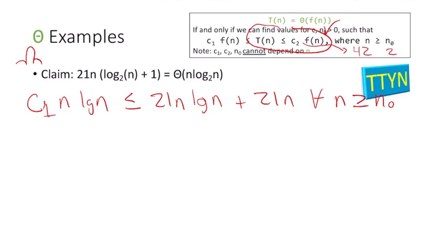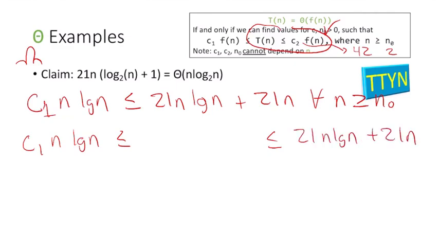So here, it turns out that using an intermediate step makes this sort of dead simple. So if we have C1 n log n, we're going to have an intermediate term just like we've had before. And on the upper bound, we'll have 21n log n plus 21n. So I'm just grabbing our terms. What makes sense to put here in the middle that's definitely less than this, but definitely greater than or equal to this?